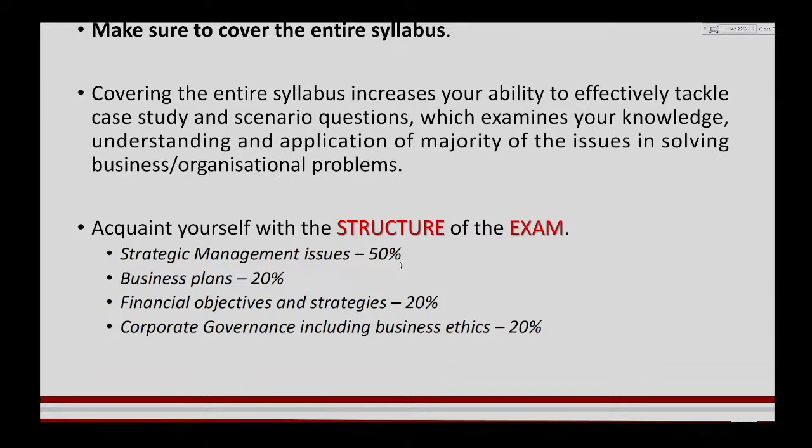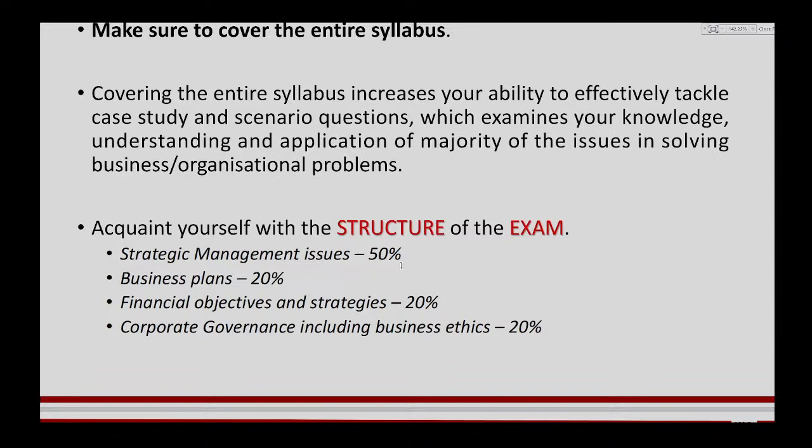So you can see this, and if you've written the structure down, I want you to look at it well. If you look at this course itself, it is broken into 4 parts. The first part being strategic management, the second part being risk management, the third part being financial management, and the last part being corporate governance and ethics.